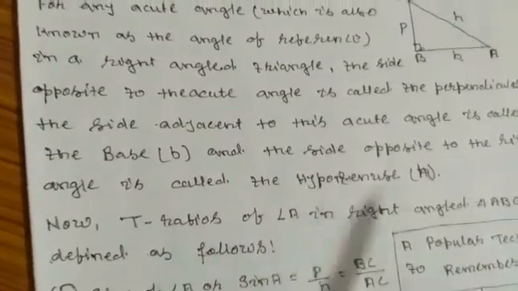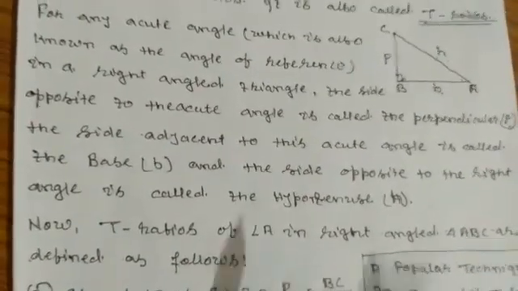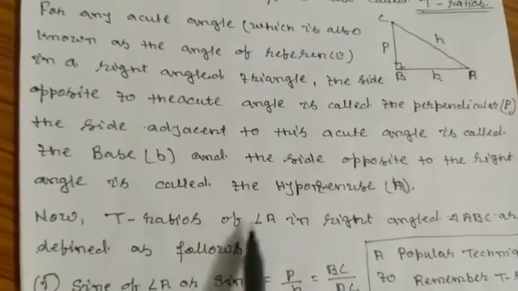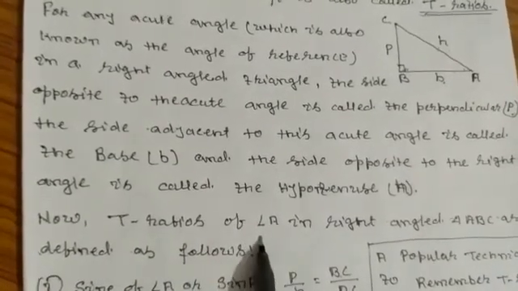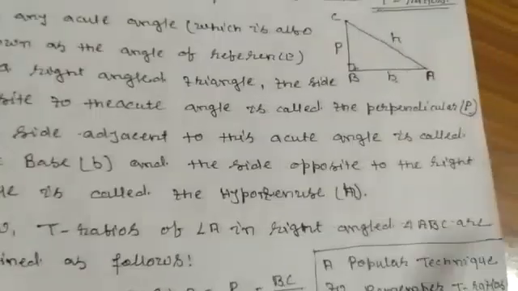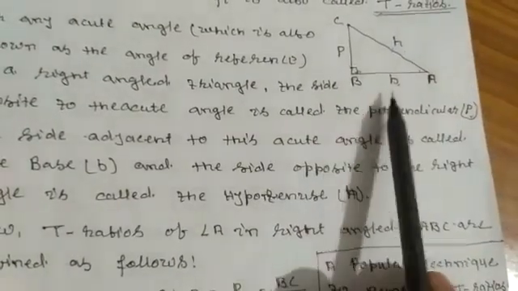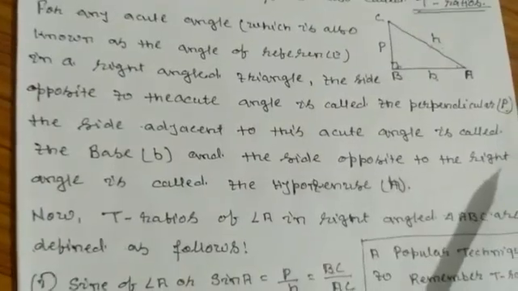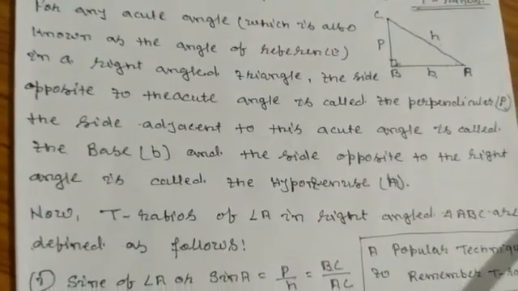Now we will find the trigonometric ratios of angle A in right angle triangle ABC, which are defined as follows.